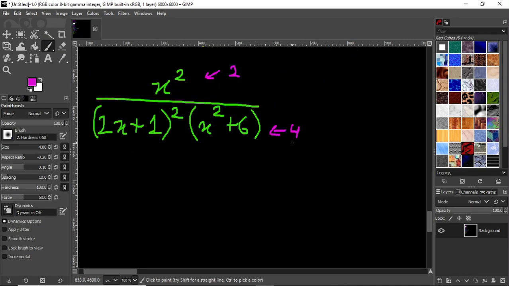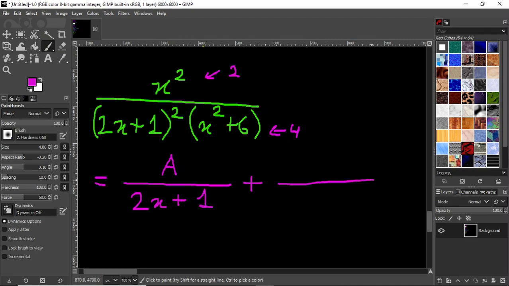Now we just need to break this into partial fractions. Some constant a by 2x plus 1, then 2x plus 1 squared.